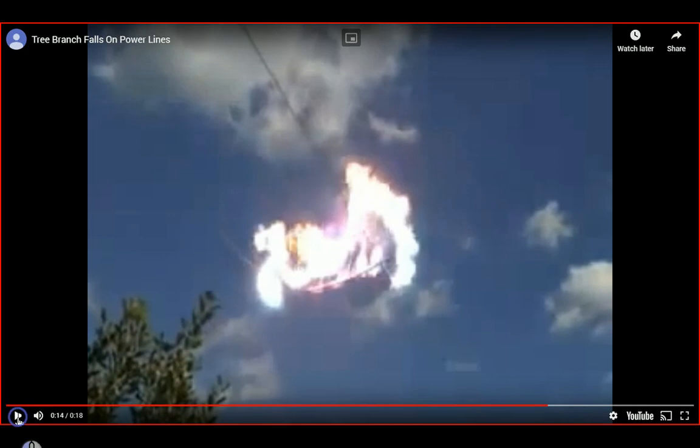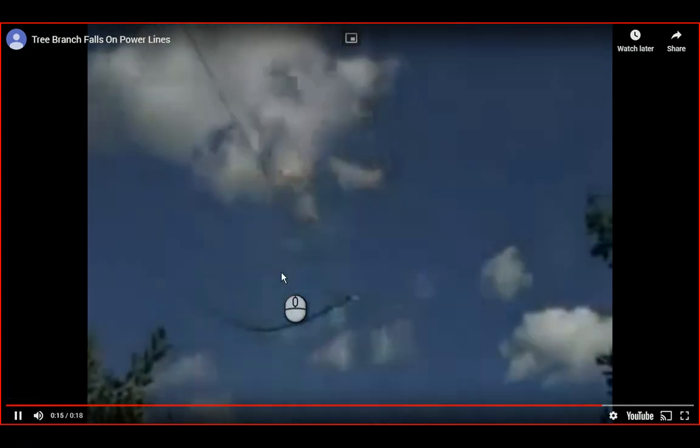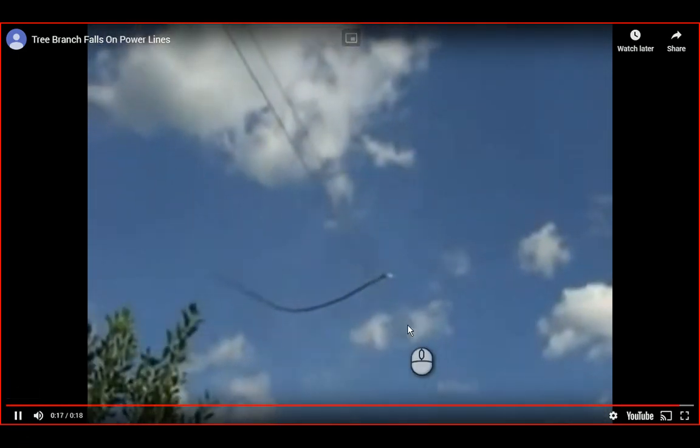And as soon as all of that is used up, it can increase in temperature very quickly, and then you get this arc. The only reason that it stops is because a circuit breaker must have tripped. Otherwise, it would have continued to go.